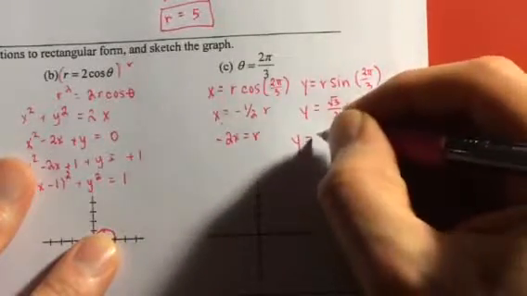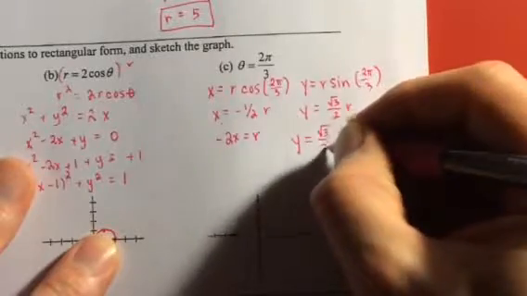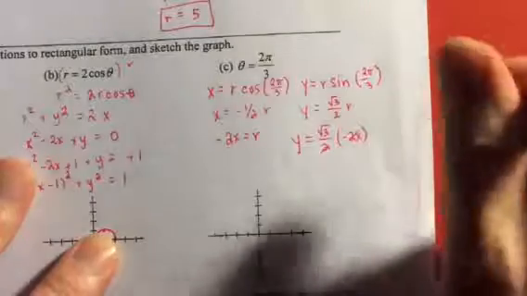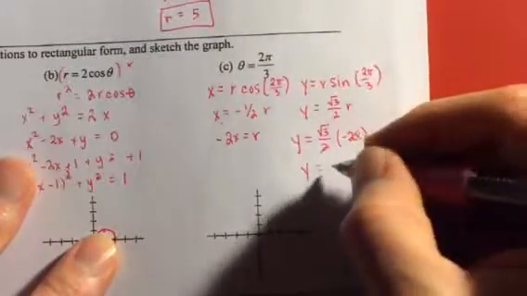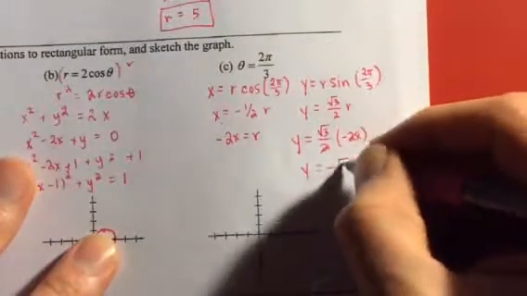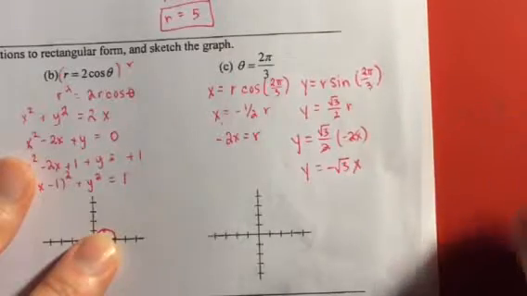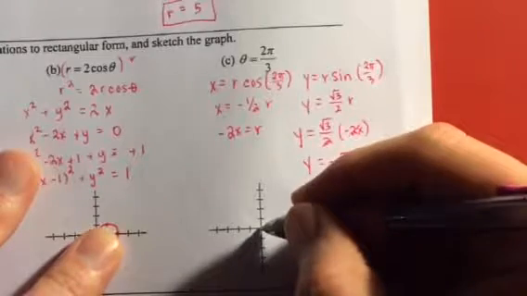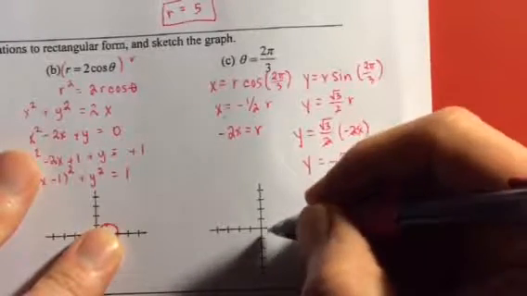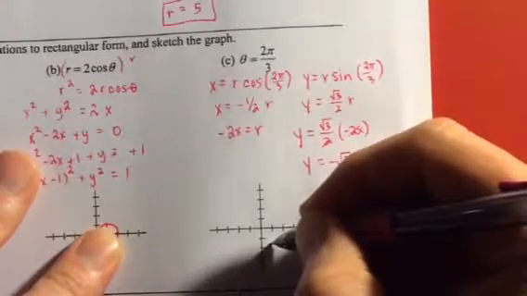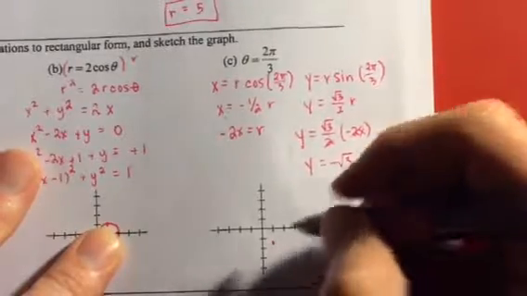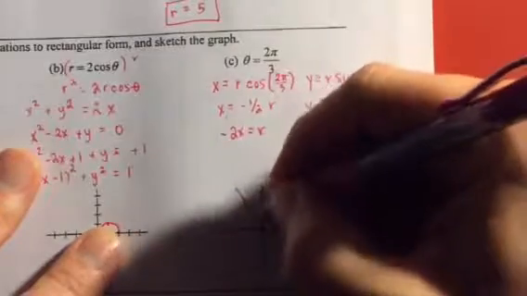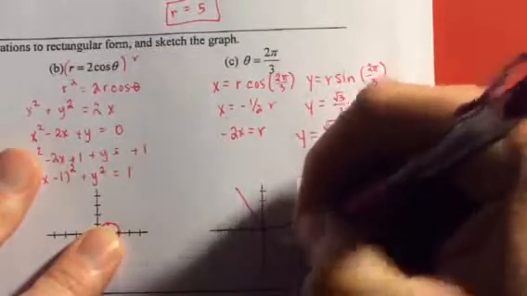Y is equal to radical 3 over 2 times negative 2x, and the 2's cancel, and you get that y is equal to negative square root of 3 times x. Square root of 3 is 1.73, so that means we're going down 1.73 and over 1. So there's our slope, and I'm just freehanding that right there. There's our equation.